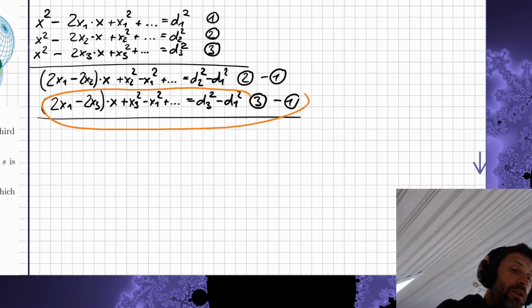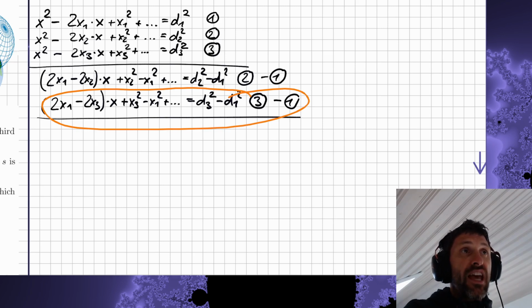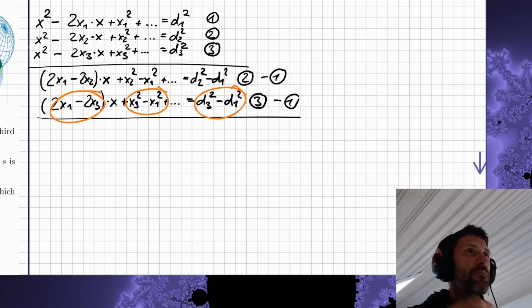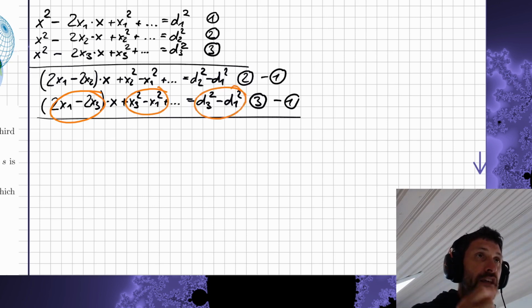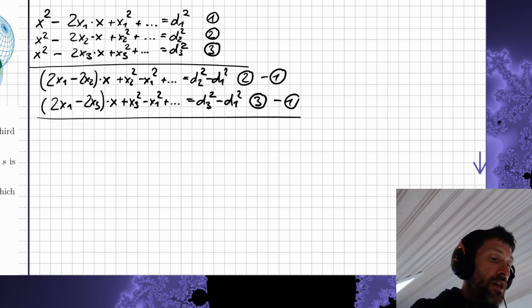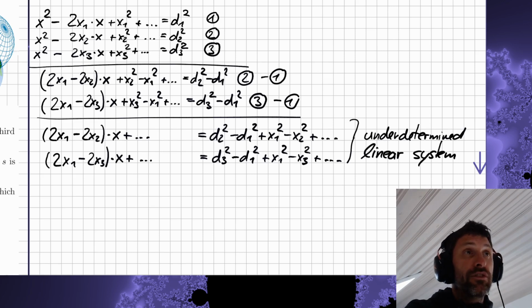And this will also be a linear equation. The unknown is x, y, z, and all the other variables are numbers, given numbers, not unknowns. And this is a linear system, an underdetermined linear system.